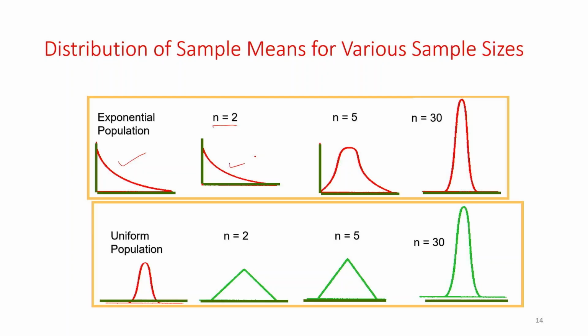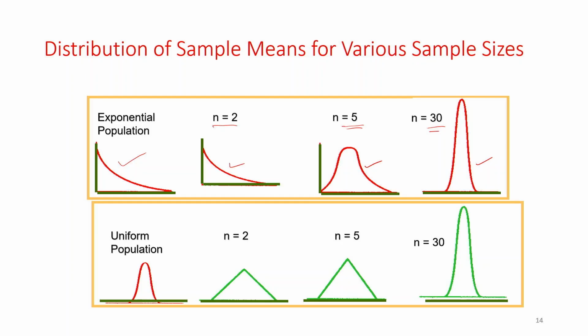It still remains exponential in nature. If we take samples of size 5 and find out the mean and then plot them, the shape changes. And if we go for 30, the shape becomes close to normal. It becomes symmetric and close to normal.